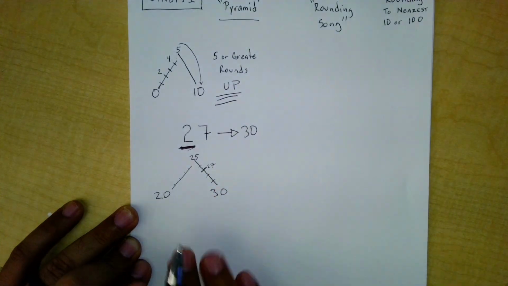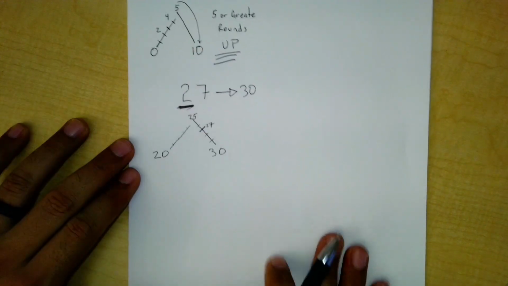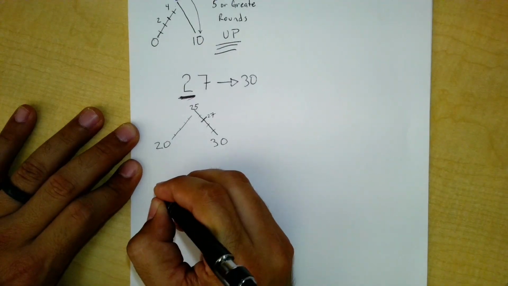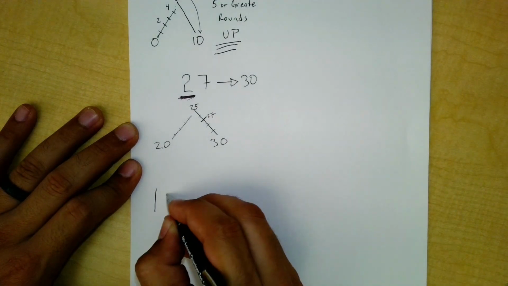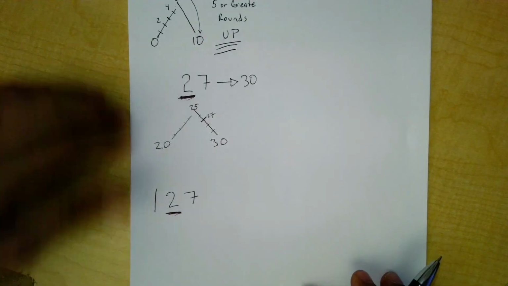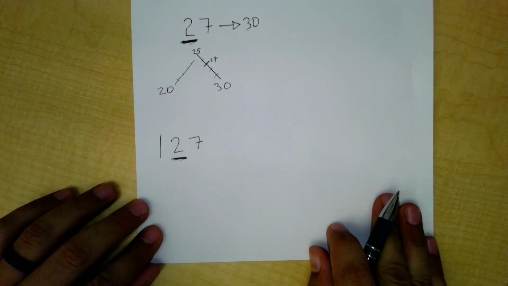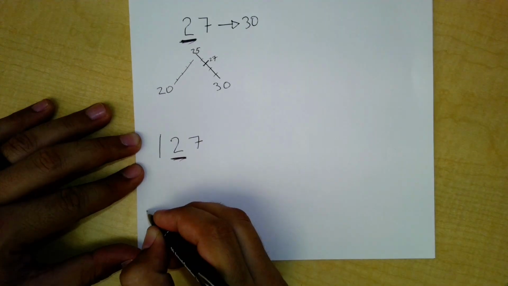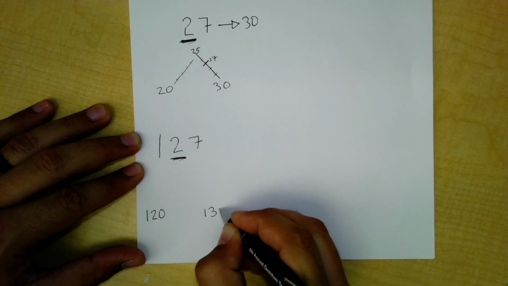So this is a pretty fundamental concept. And even if we're dealing with a number in the hundreds, like 127, and we're still rounding to the 10s, all that means is that we are going to have a number between 120 and 130.